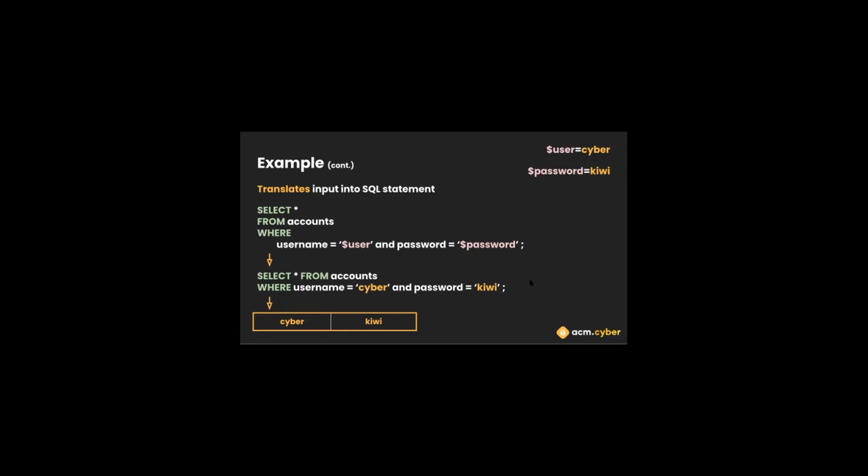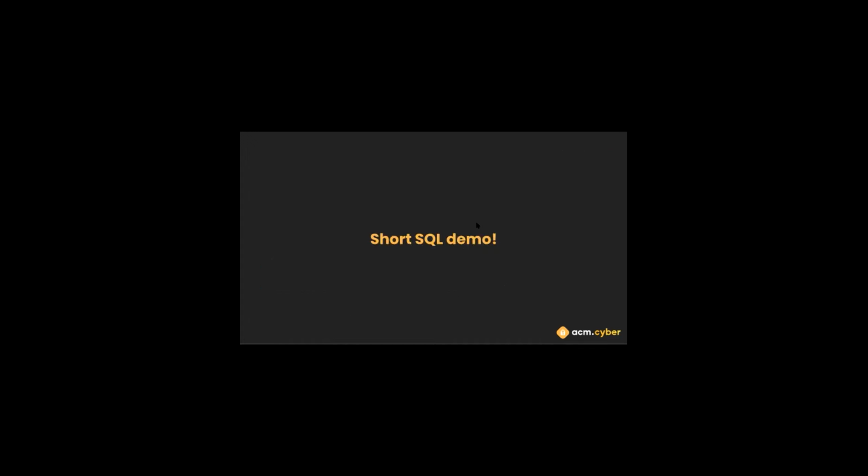When you put it all together, it'll do select all from accounts where username equals cyber and password equals kiwi. And using this query, it'll be able to directly find your account in the database. That's just how SQL works to find things in a database. And Ted is going to do a small demo on what this looks like on a broader scope.